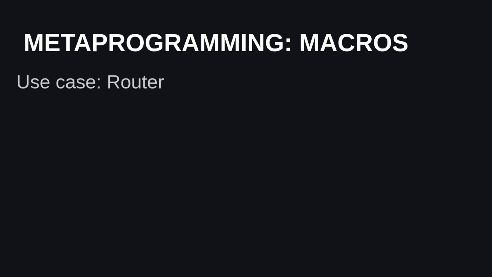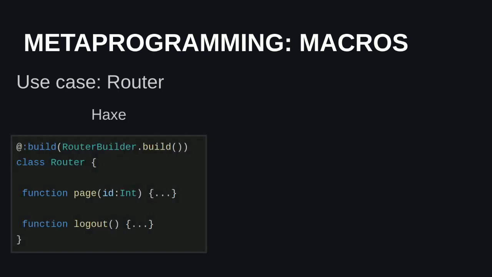Now I'd like to give a few examples of how macros can be useful for PHP programmers. For example, a common task in PHP is routing of web requests. Let's say you have this simple router which implements displaying a page and the logout features of your application.